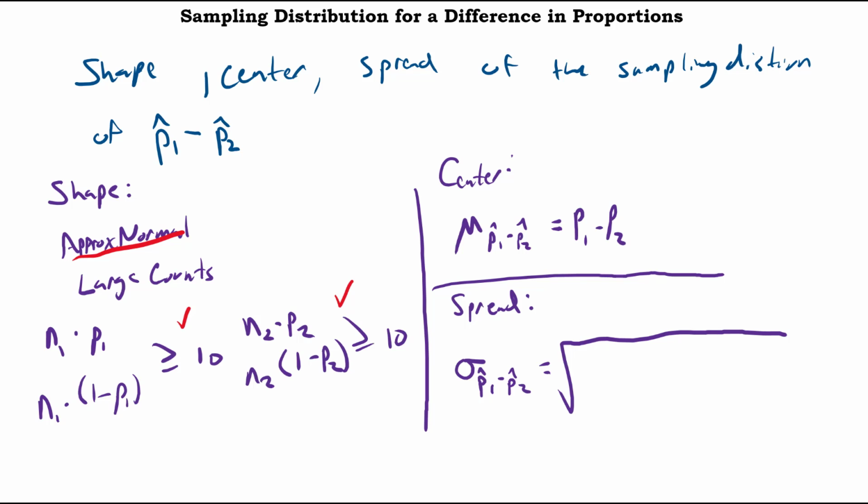However, to find the difference, we're going to take p1 times 1 minus p1, all over n1, so dealing with your first sample, plus p2 times 1 minus p2, all divided by n2.